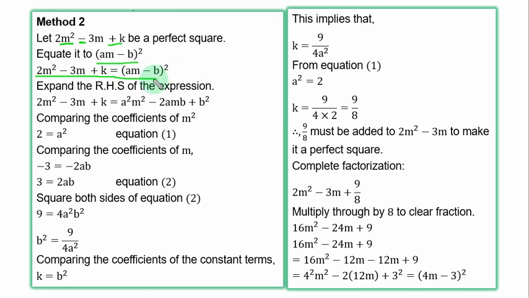We expand the right hand side of the expression. So you expand am minus b all squared. When you expand it, you have a squared m squared minus 2amb plus b squared.